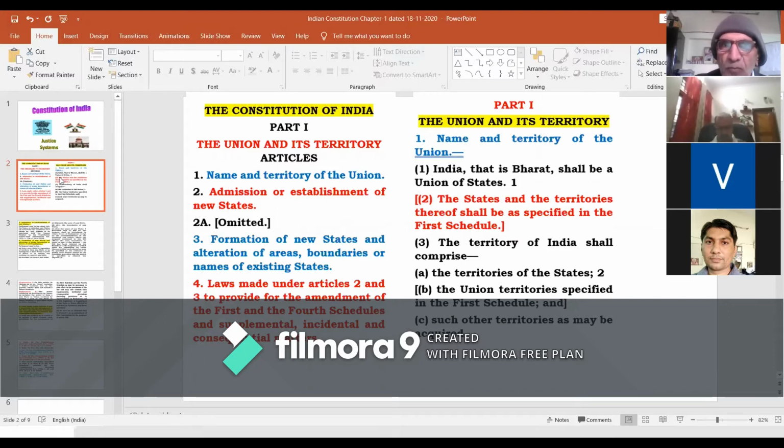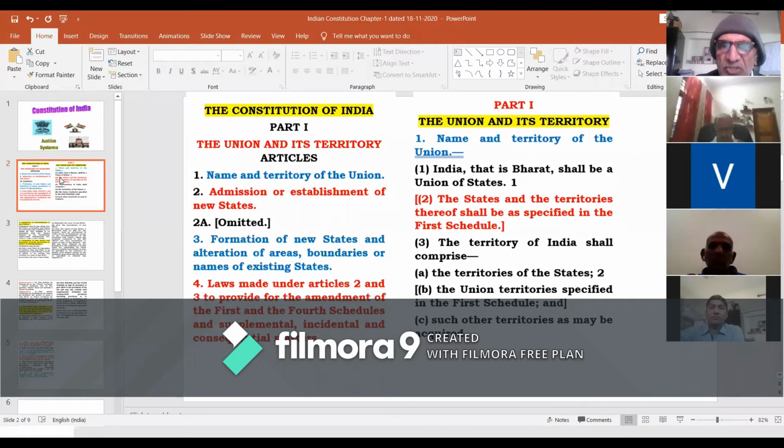Article 2 provides for admission or establishment of new states. Article 3 is formation of new states, alteration of the areas, boundaries or names, etc., of the existing state. Article 3 and Article 2 have their distinct objects.